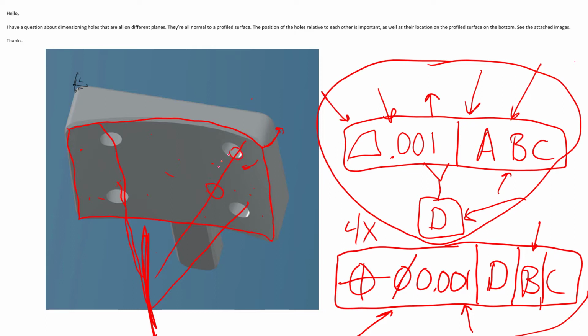We'd have our position tolerance, which is right there, but now the CMM would have to build this kind of virtually itself. So first the CMM would have to build that axis out in space based on where you told it, based on that surface, right? Then it would have to say, okay, well, these holes, and this is very difficult to do in programming, are normal to, are intersecting to this.